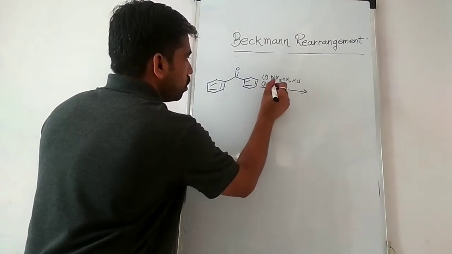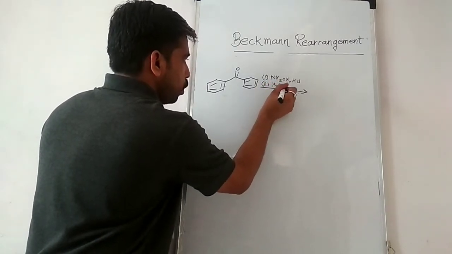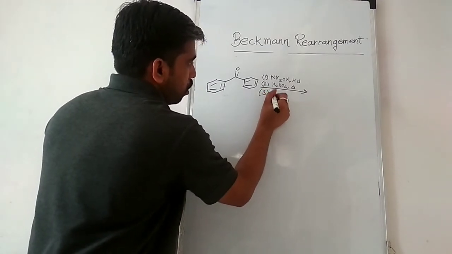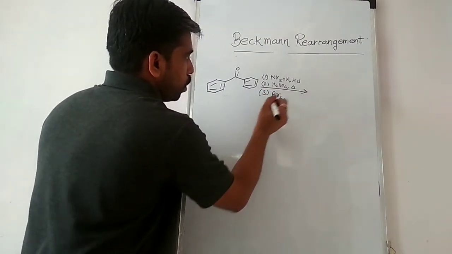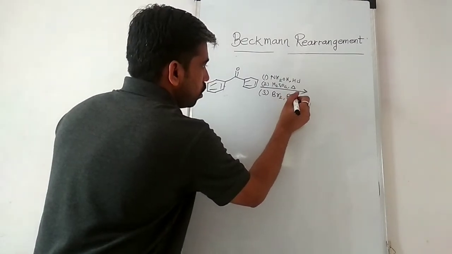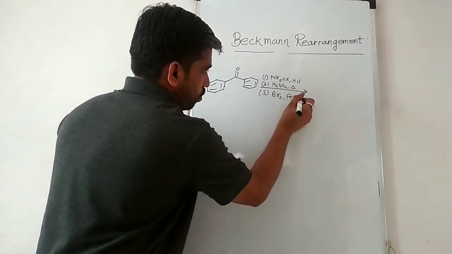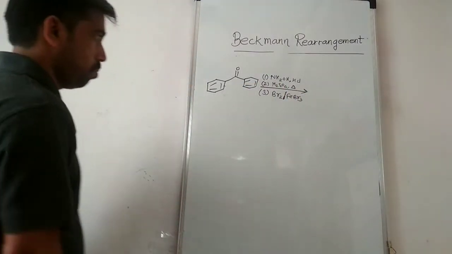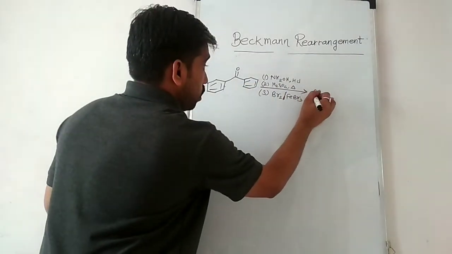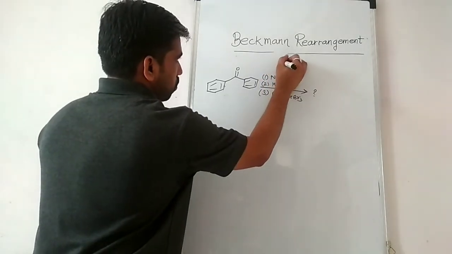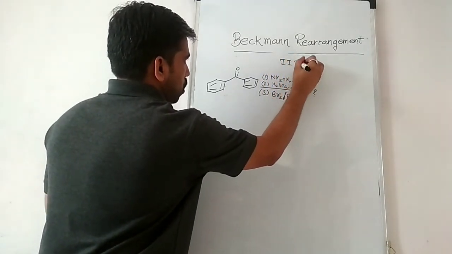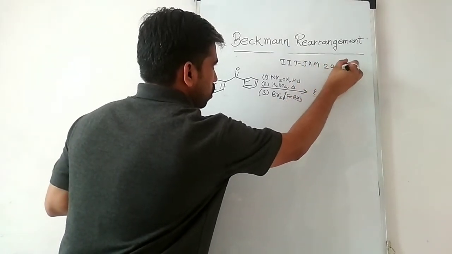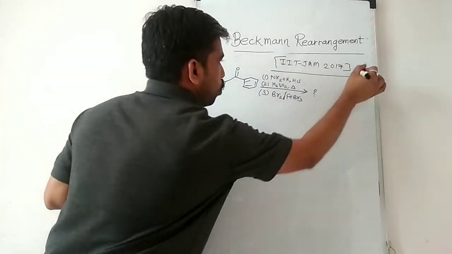Then in the second condition, H2SO4 and heating. And third is Br2, FeBr3, which is a Lewis acid. Okay, FeBr3 is a Lewis acid. Now this question was asked in the IIT JAM exam, 2017, for 2 marks.